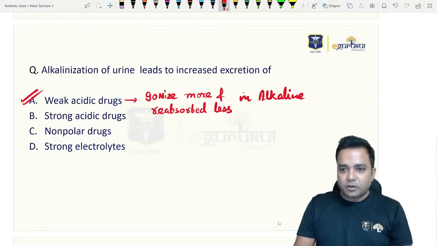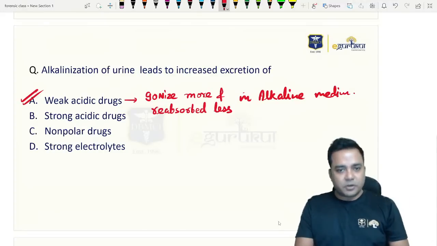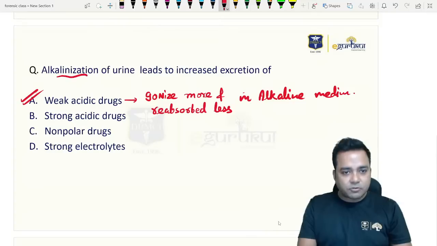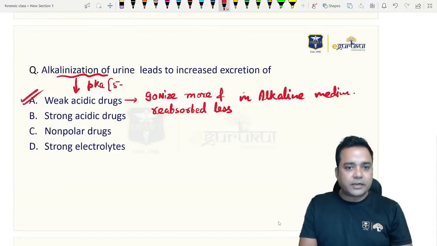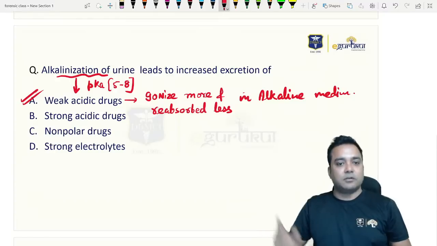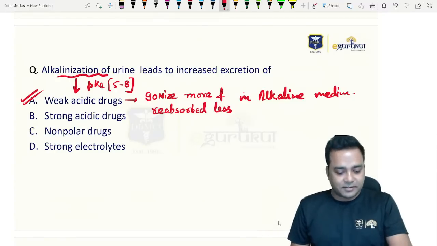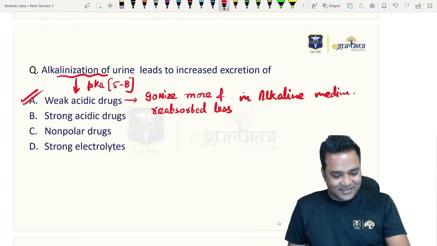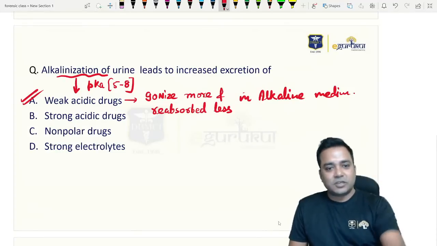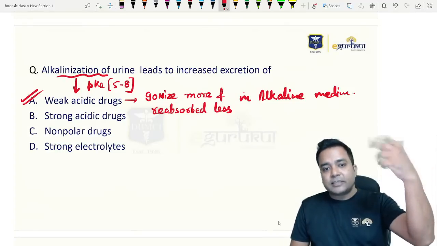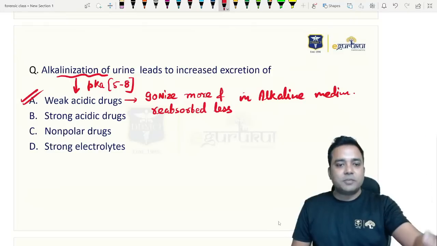And why not strong acidic drugs? Because this alkalinization of urine will be helpful for only weak acidic drugs which have a pKa between 5 to 8. It is not used for strong acidic drugs. This won't be beneficial. Okay? So this was again, and what is the list of weaker acidic drugs? Can be asked in your upcoming NEET PG exams.